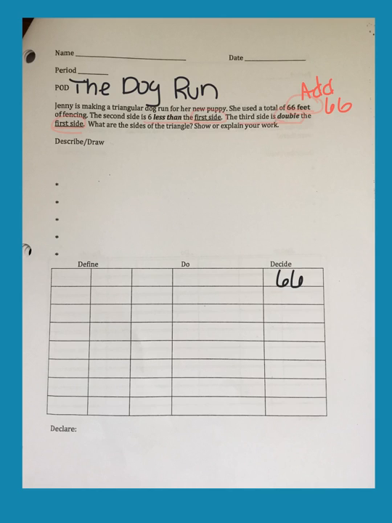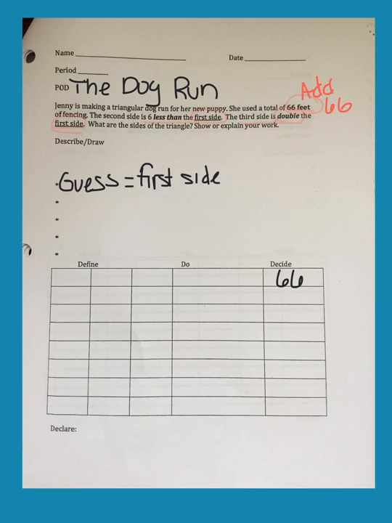And then I read the second side is 6 less than the first side, and the third side is double the first side. Well, if you remember in class, we talked about our guess is the one that we don't have any information on. And since they don't tell us anything about the first side, our guess is going to be the first side.